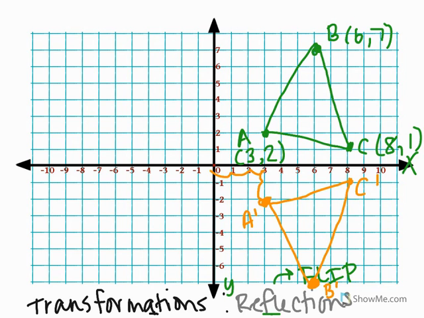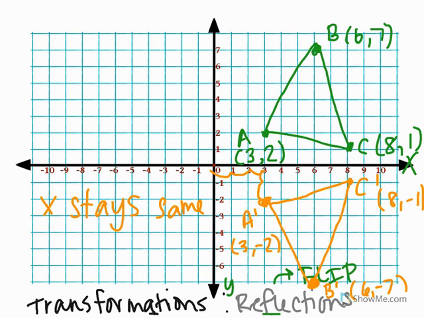So let's look at how those coordinates change. Our point A prime is now at 3, -2. B prime is at 6, -7, and C prime is at 8, -1. So in general, when we're flipping over the x-axis, our x-coordinate will stay exactly the same.